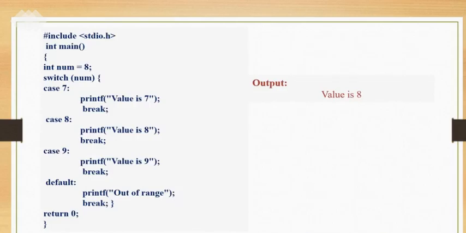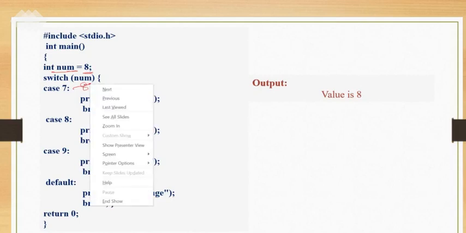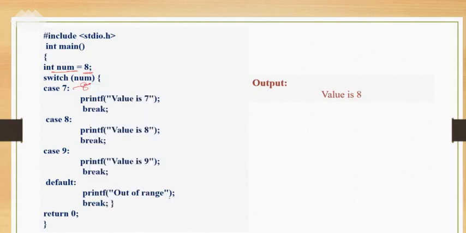Next is a program, for practice only, to get a better understanding of the switch statement. Here we have declared a variable and passed the constant value 8. So in switch statement, num is 8, that means there is some value. If there is no value, it will show false and come directly out.